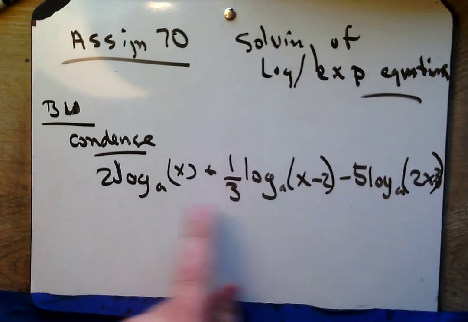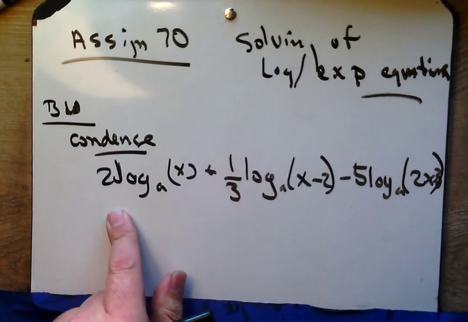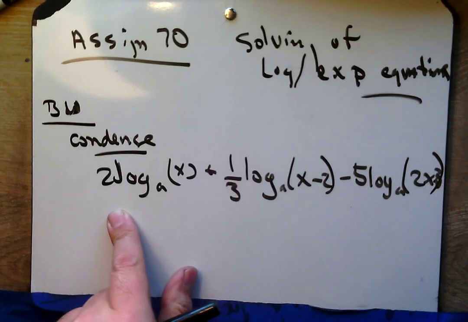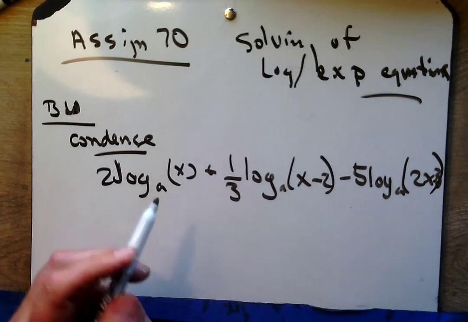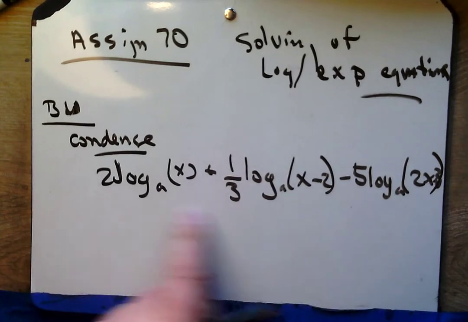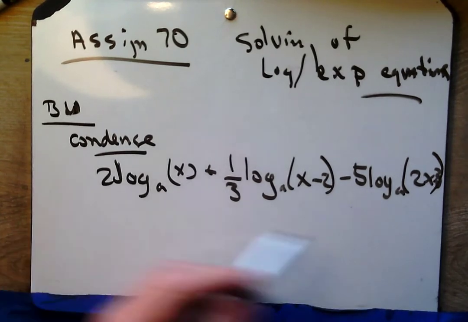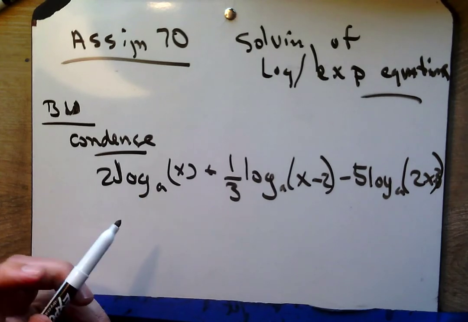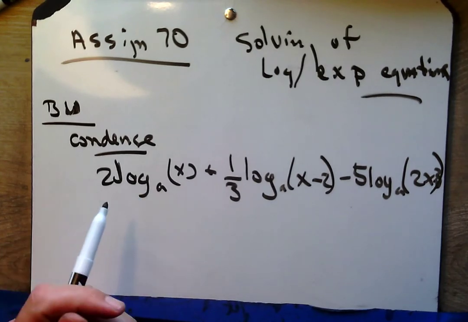Oh, and don't ask what's going to happen when these bases are different. I might do something where the exponential bases are different, but these will always be the same for us. So please condense this, and depending how you do, maybe we'll do another one of these.